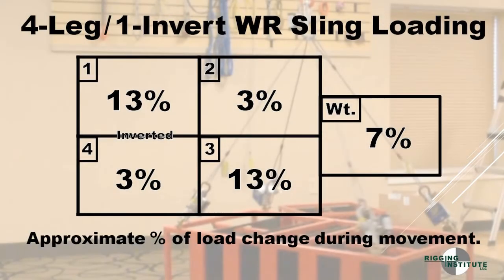Legs 1 and 3 showed the highest increase in loading at 13%. The hoist supporting the load increased by 7%.